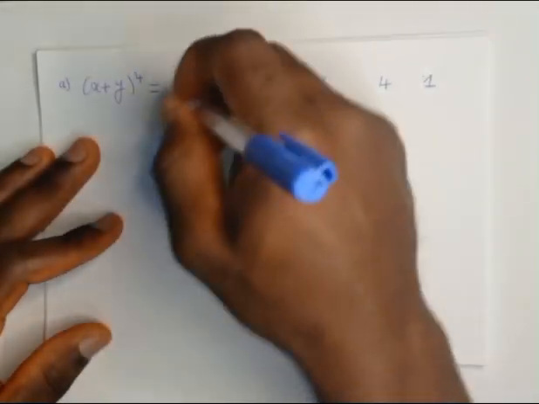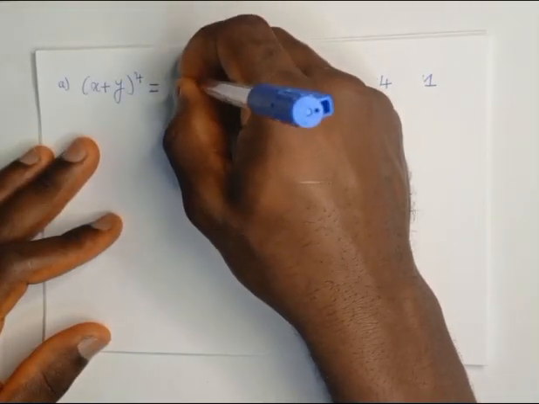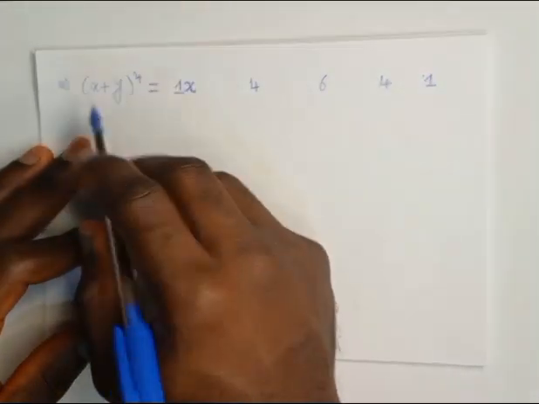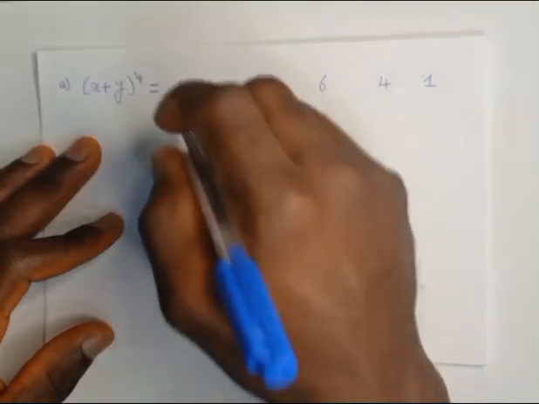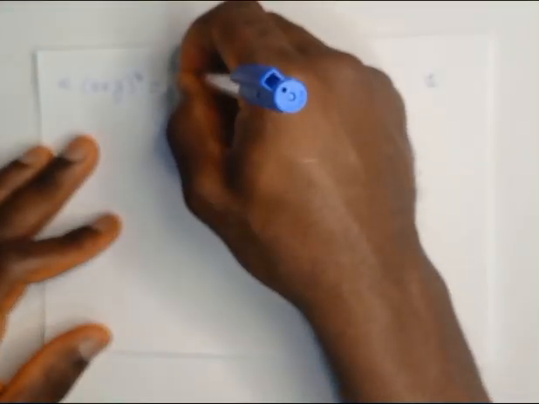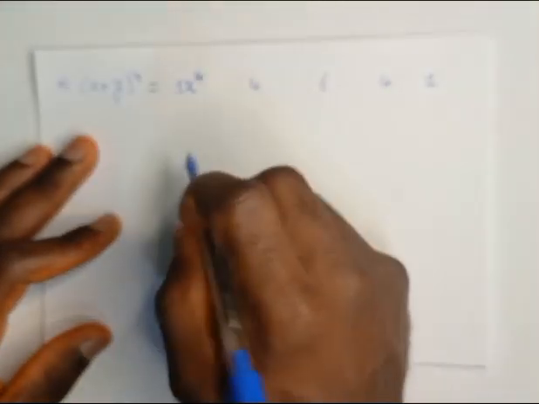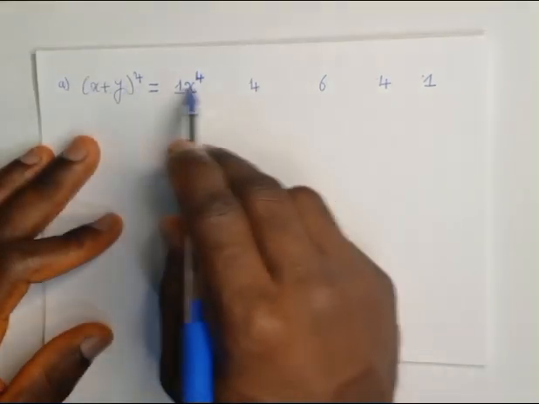For the first term, here we have x raised to the power 4, y to the power 0.